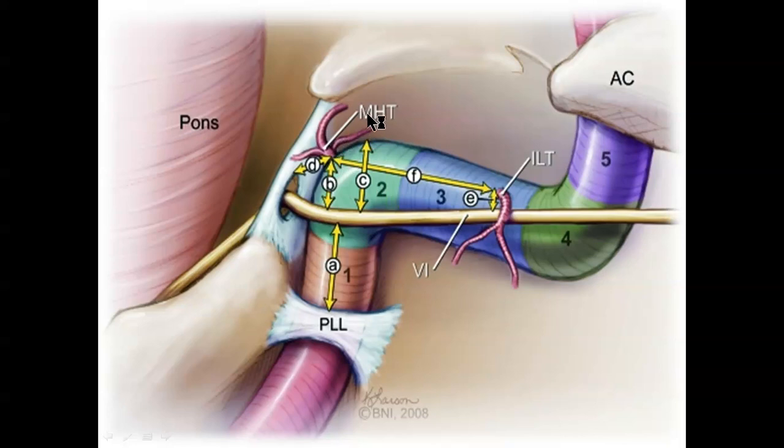The MHT, the meningohypophyseal trunk, as we can see, arises somewhere near the vertical area towards the posterior genu, whereas the inferolateral trunk arises from the lateral side of the internal carotid artery cavernous segment over here. So the cavernous segment extends from the PLL till the anterior clinoid process.